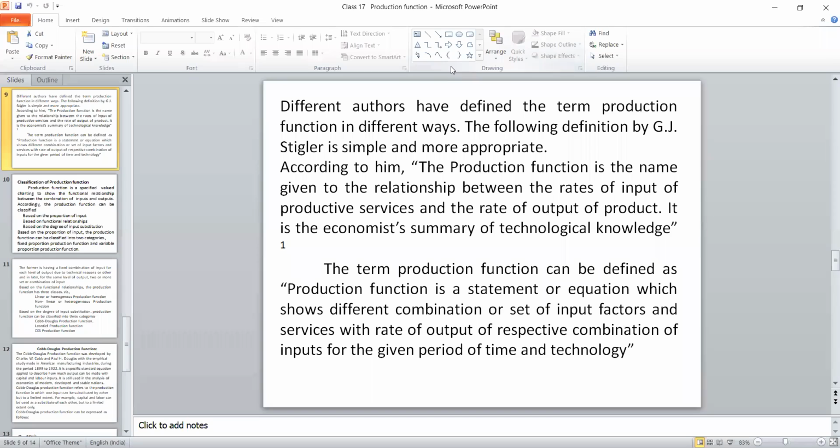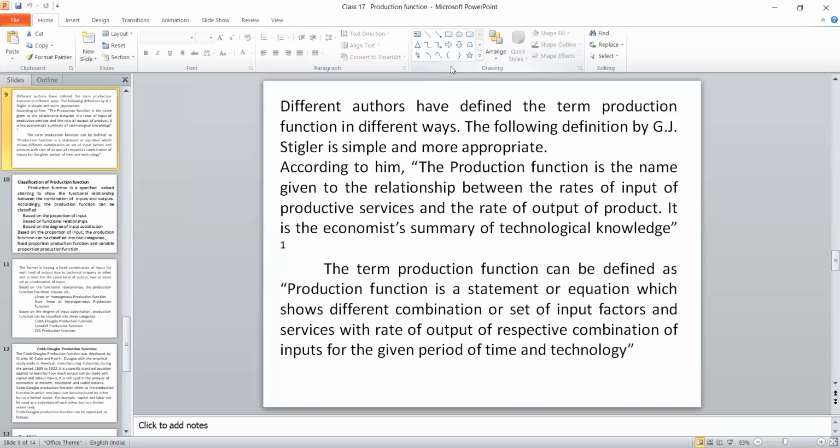There are many definitions available, but I have given G.J. Stigler. This particular definition is very suitable for defining the production function. According to him, the production function is a name given to the relationship between rates of input of productive services and the rate of output of the product. That means how land, labor, capital and organization, the integration of these four, are converted into required output is called production function.